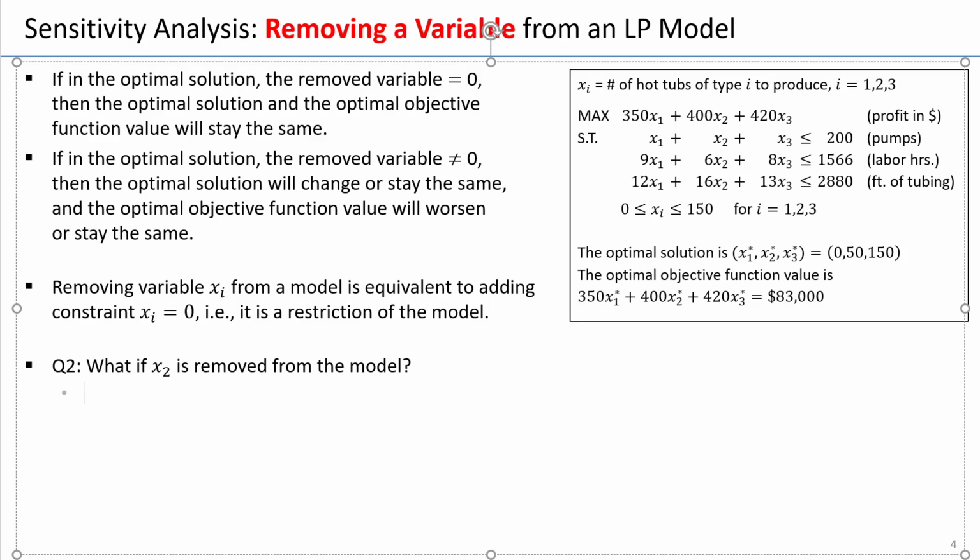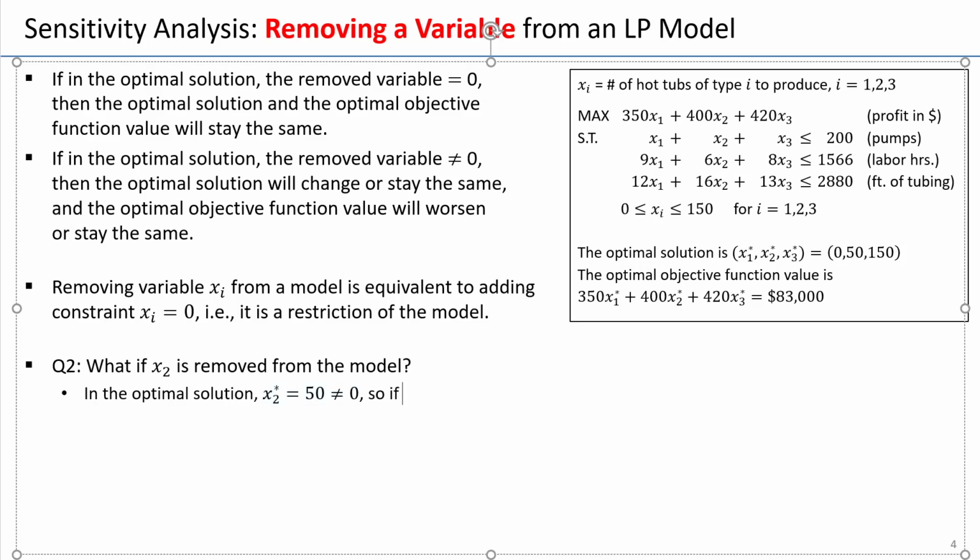Okay, a second question: what if x2 is removed from the model? And actually, removing x3 would have similar consequences. So if x2 is removed from the model, we have to see that in the optimal solution, x2 is equal to 50. It is not 0.